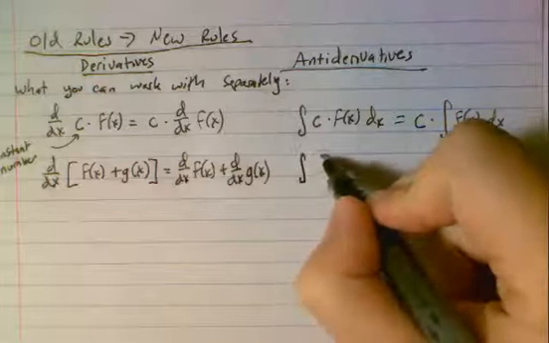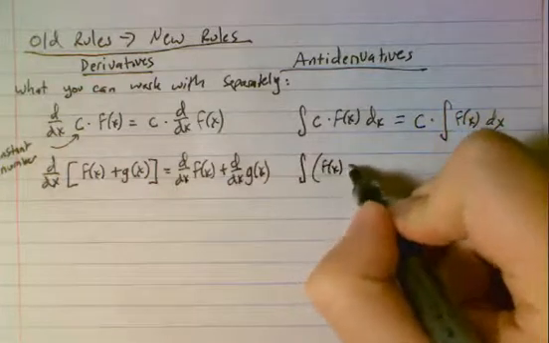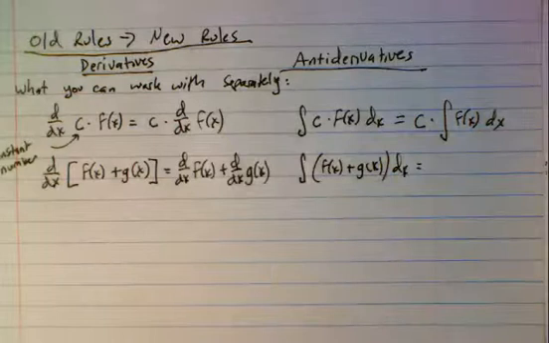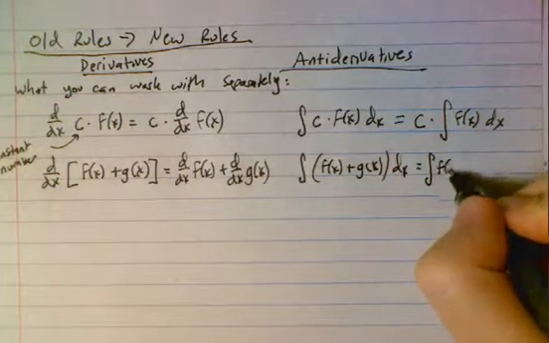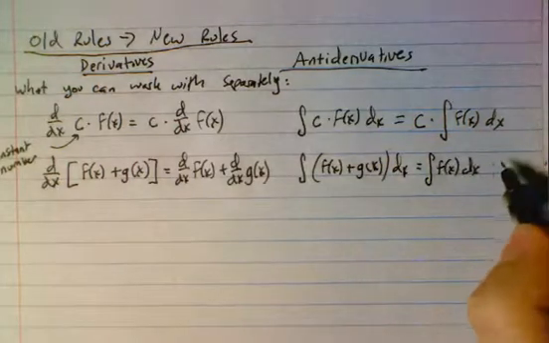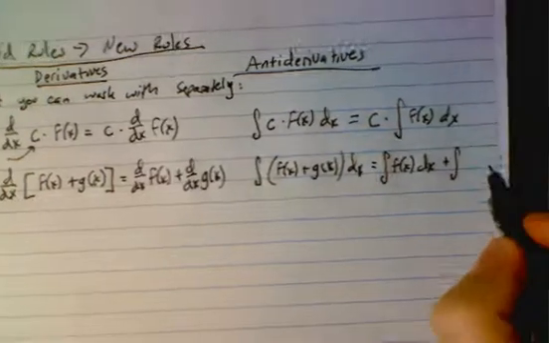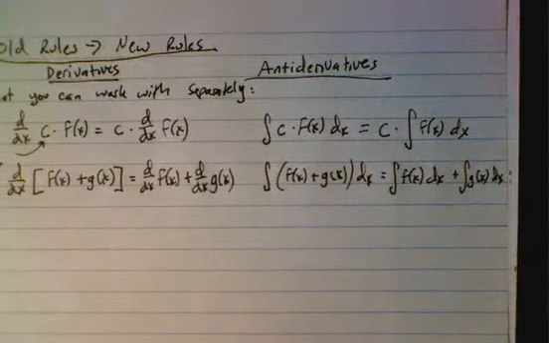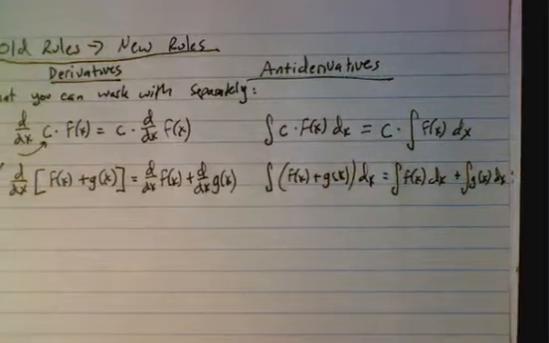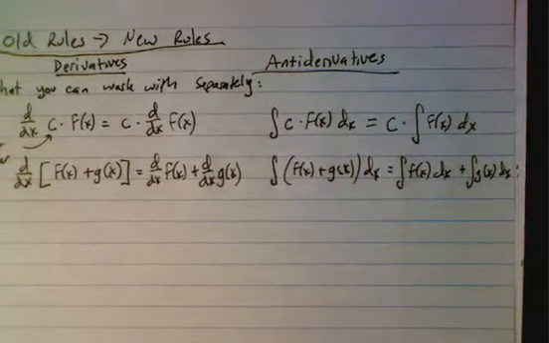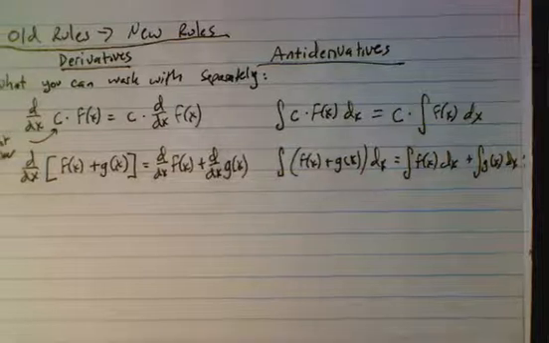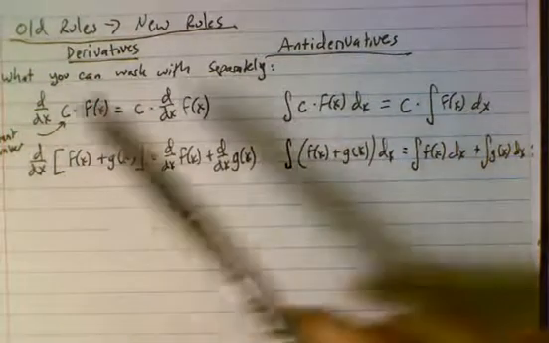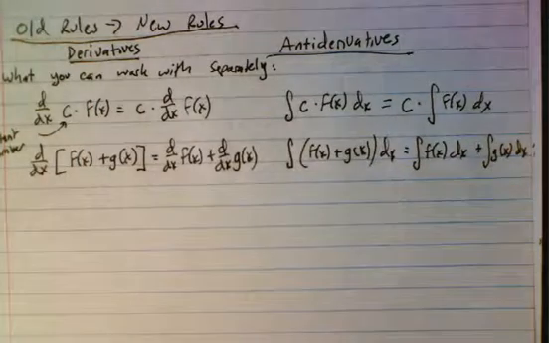The antiderivative of f of x plus g of x, dx is always there, is just the antiderivative of f of x dx plus the antiderivative of g of x dx. I think these are a lot more symbols than the concept really needs, but that's the formal statement of it. What it just means is that if we have two things that are added together, we take the derivative separately, we take the antiderivative separately. That's all it really means.